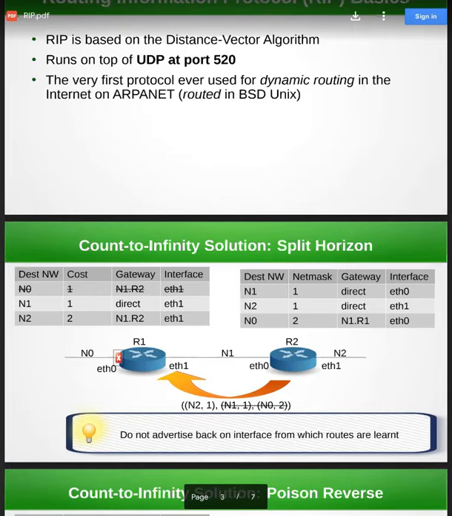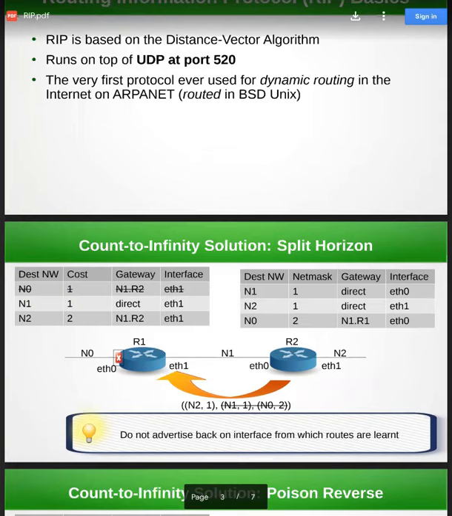Actually, in this particular topology, this is a necessary and sufficient condition to avoid the count to infinity problem. But this is not true when there are loops in the graph. I'm giving you some answers which I don't normally want to give.